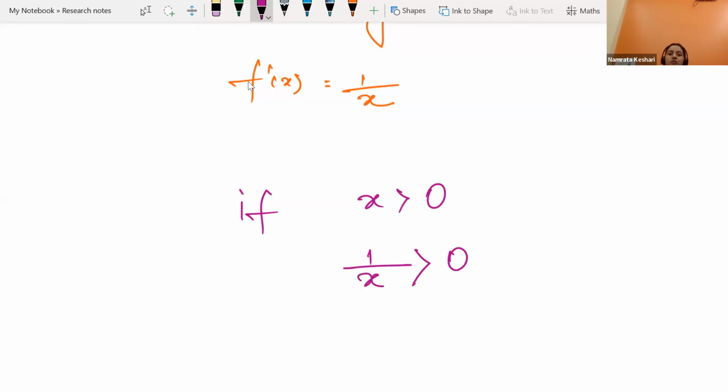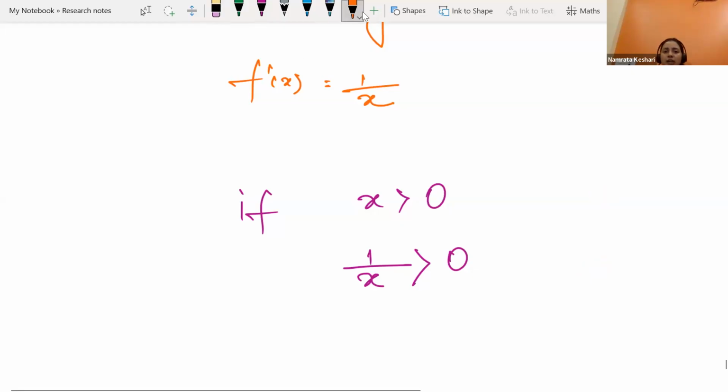Whatever we take as x, if that is larger than 0, then if we take the reciprocal of that, it still will be bigger than 0. If we are taking x as 2, 1 by 2, yes, it is bigger than 0. It can be closer to 0, but more than 0 we will be having, right? Yes. Okay, so 1 by x is also bigger than 0.